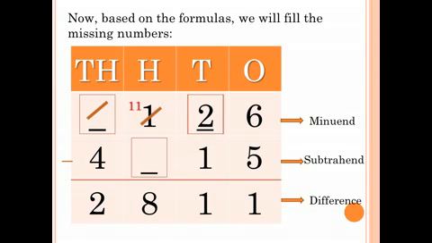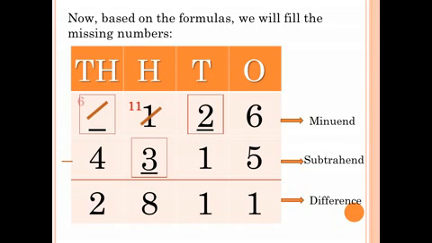We borrow 1 ten, it becomes 11. 11 minus 8 is 10, 9 and 8. So what we get is 3. So the subtrahend in the hundreds place is 3. Now in the thousands place we have to find out the minuend. Now what is the formula for finding out minuend? It is difference plus subtrahend.